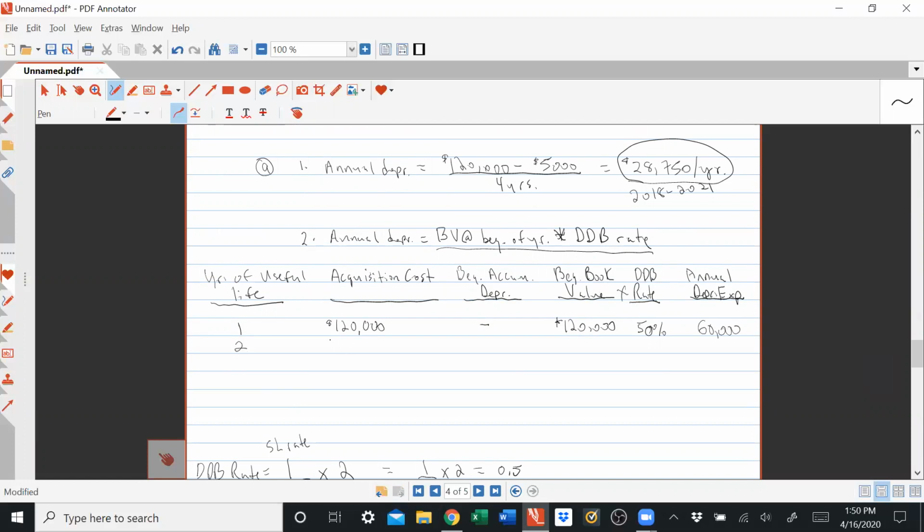Moving to year 2, acquisition cost hasn't changed. The beginning accumulated depreciation is $60,000, right? Because we recognized depreciation of $60,000 in year 1. So at the beginning of year 2, we have $60,000 in our accumulated depreciation account.